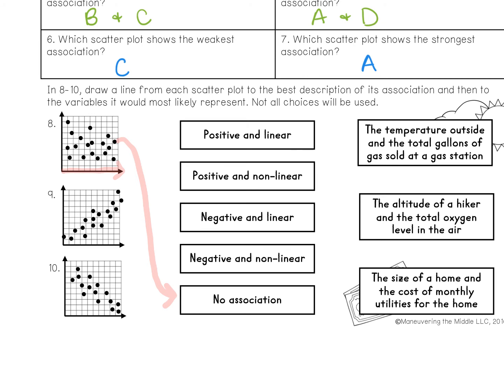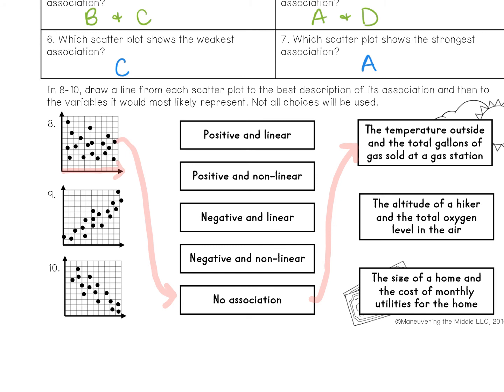So that also has an association. But people are generally going to spend the same amount of money on gas in the summer as they do in the winter. So even if it's hot outside, you're still going to have to drive the same distance to work as when it's cold outside, right? So that is not going to necessarily have an effect on the amount of gas that's sold at the gas stations.